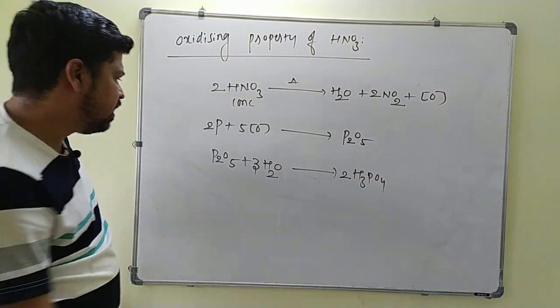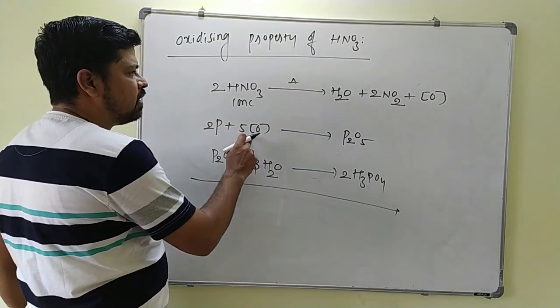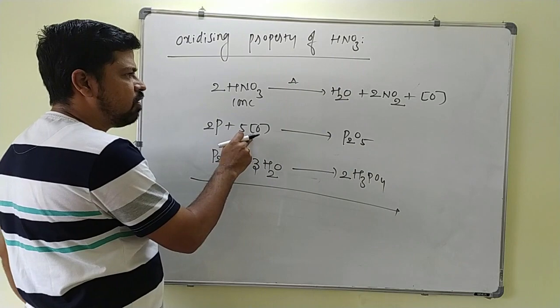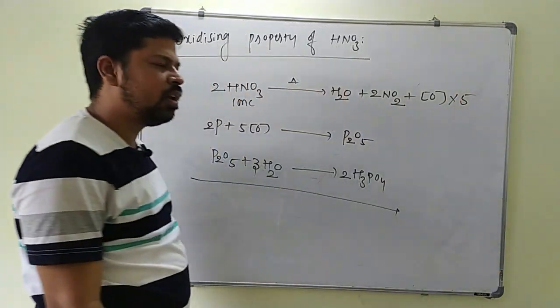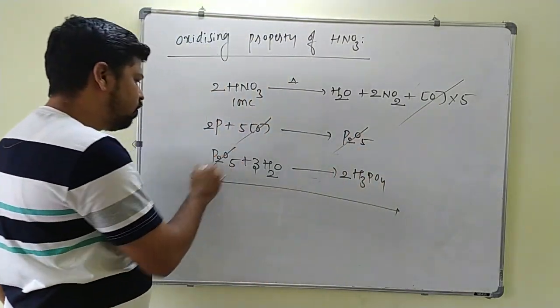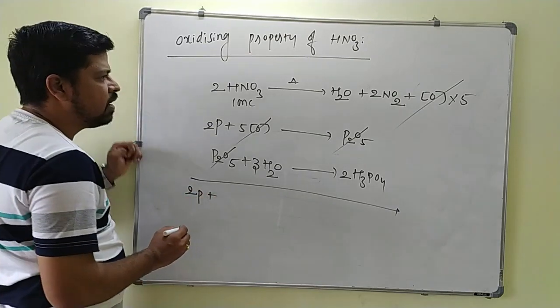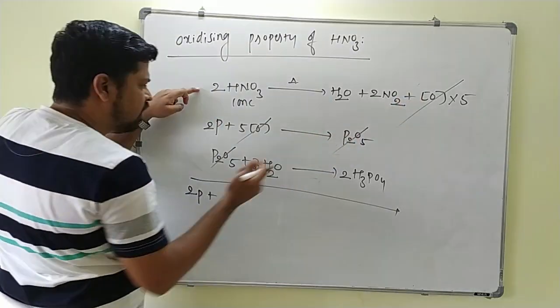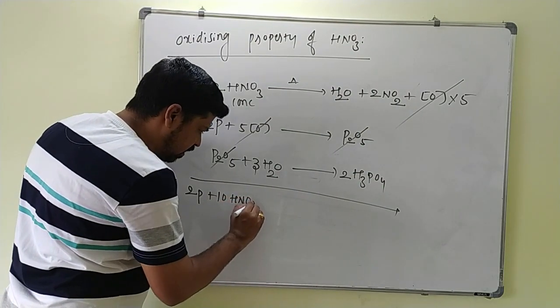8 oxygens are there. Now what we will write is, in order to balance the nascent oxygens, here 5 oxygens are utilized. Here only 1 nascent oxygen is coming outside. So this must be multiplied with what? 5 times. So nascent oxygen gets cancelled here. P2O5, P2O5 get cancelled. Then what can you write here? 2 times of phosphorus. It reacts with 5 times 2, 10 moles of concentrated HNO3.